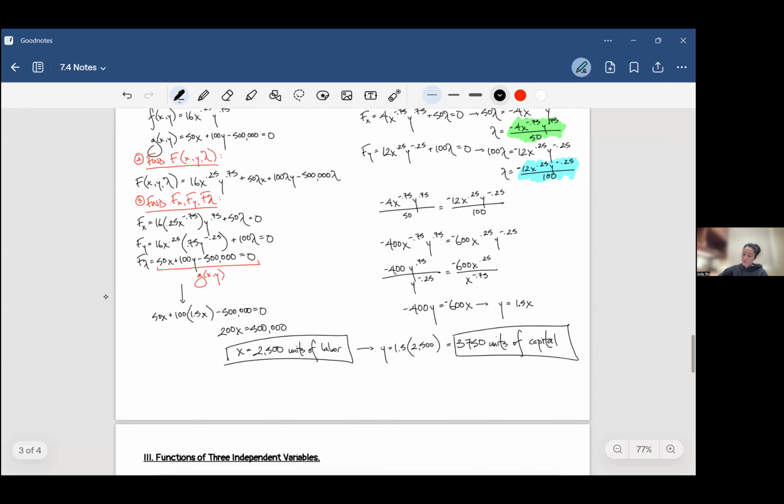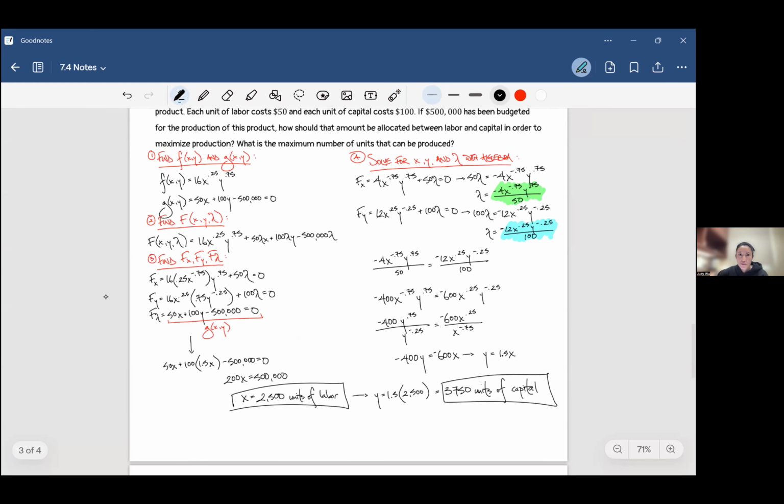Now, let's make sure we've answered this question, okay? It says how much of that amount should be allocated between labor and capital, okay? Well, we have 2,500 units of labor and 3,750 units of capital. But look at this last part. It says, what is the maximum number of units that can be produced? What does that mean?